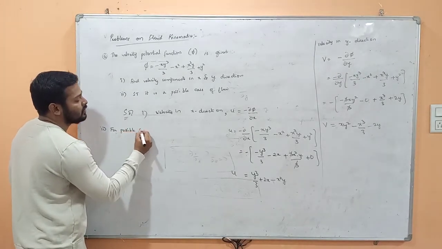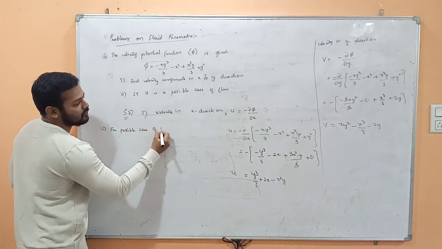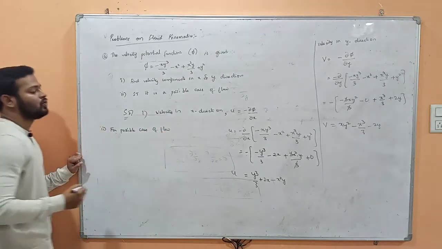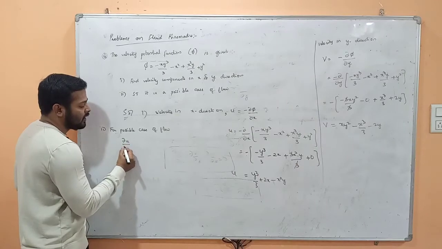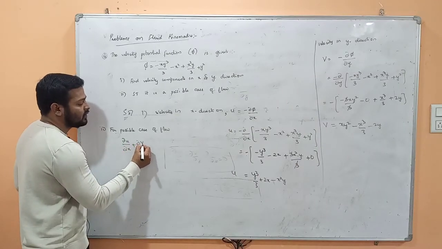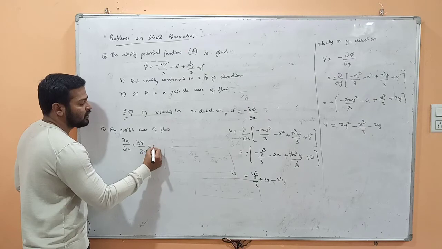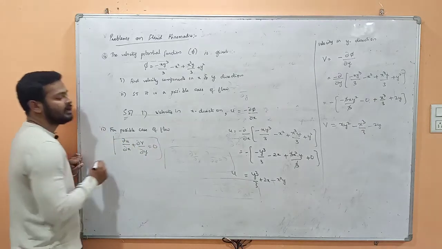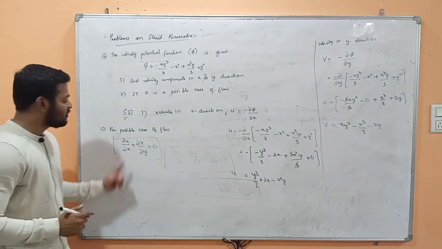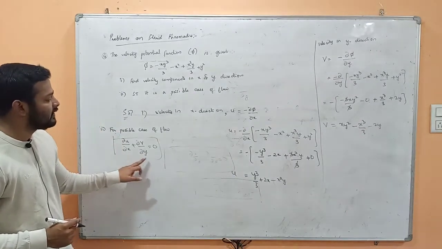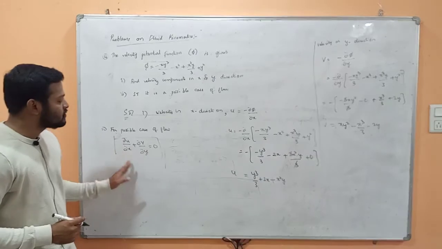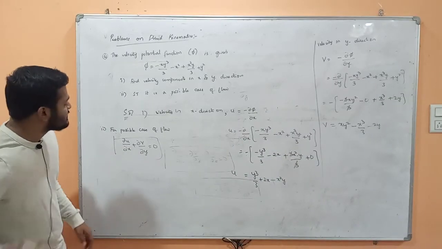I think this is formula number 2: dou u by dou x plus dou v by dou y should be equal to 0. Had it been a 3-dimensional flow, I would have taken the z term also, but because it has only 2 terms, I have taken only x and y.